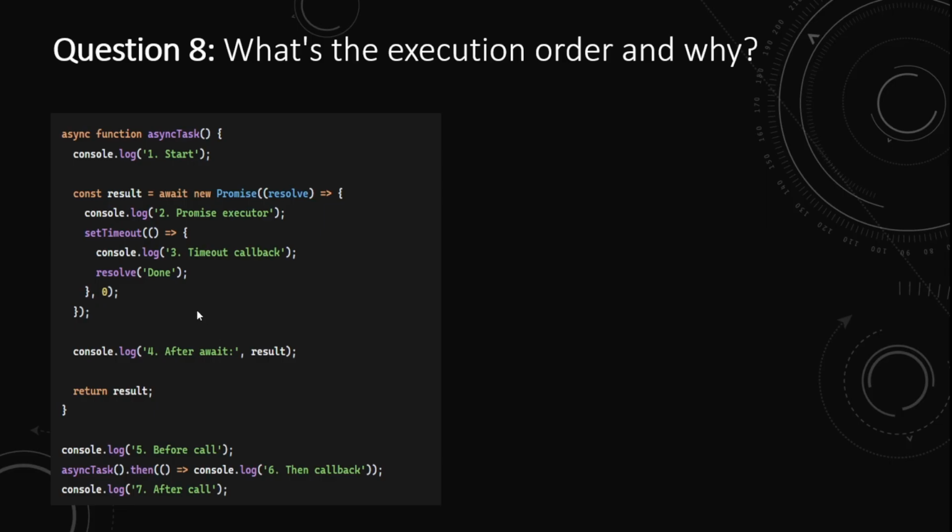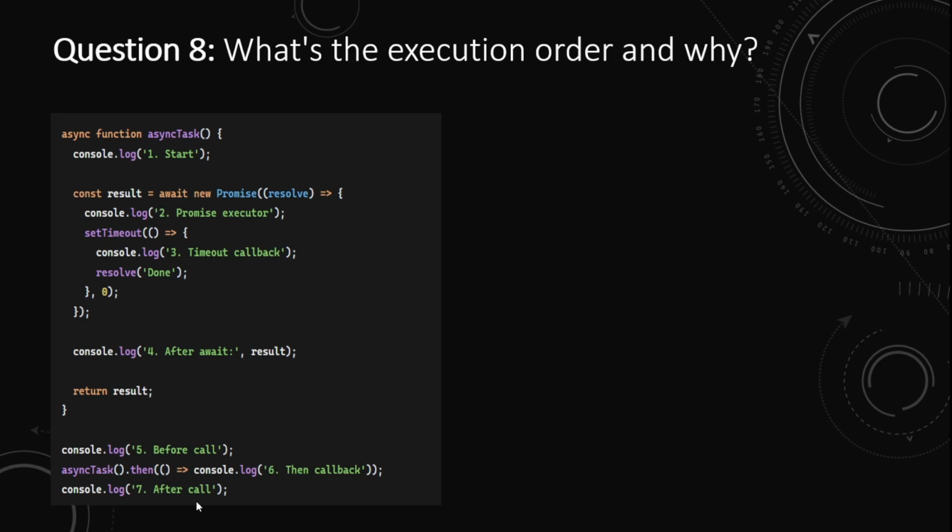After the printing, the promise is resolved now, and since the promise is resolved, this console log will be printed without any delay. So after 3, the fourth one will be printed, and since it got printed, the microtask queue now has this then callback.